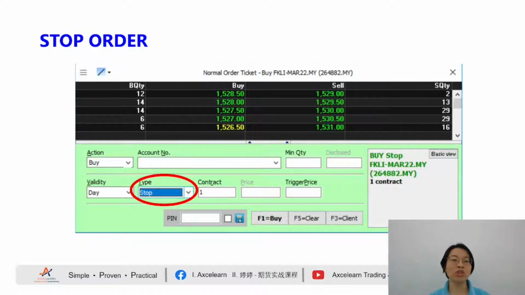If you forget to change from the default order type, which is limit orders, to stop orders, what will happen? I would rather leave it for you to experience and discover by yourself. First thing, remember when it comes to stop orders, in the order type you must change to stop orders, rather than remain in limit orders.